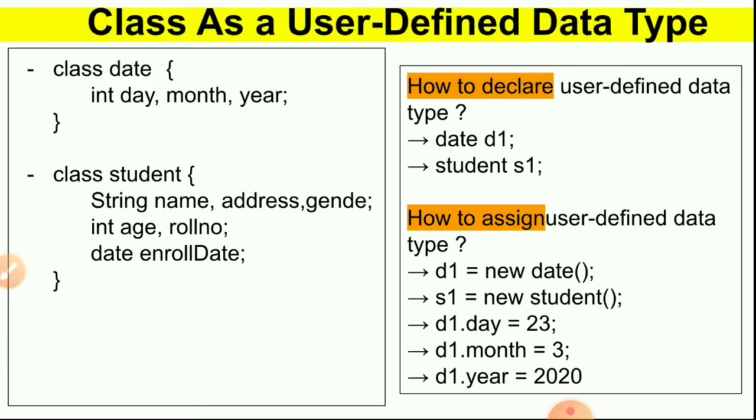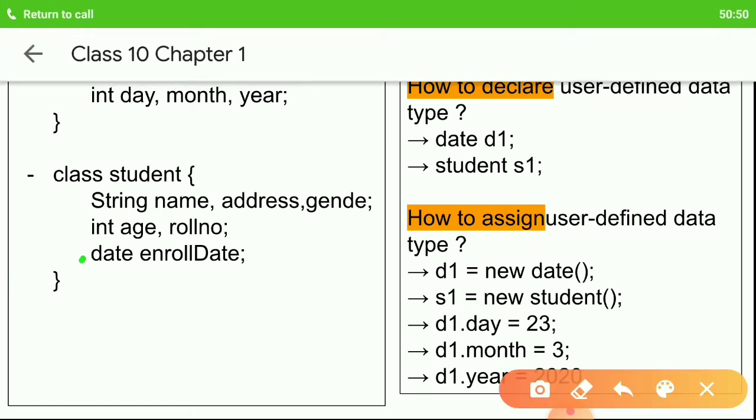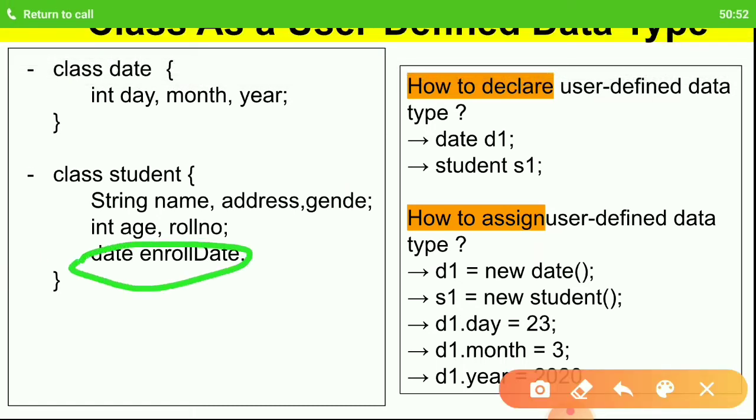The difference here is that you have got this date kind of data. Date is already a user defined data type, whereas the other type here is of int type, which is a primitive type.